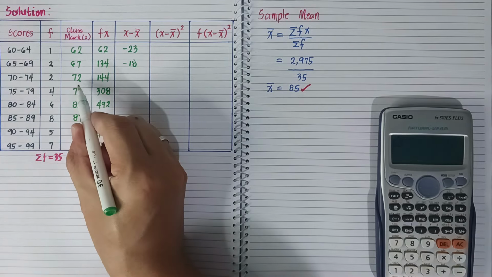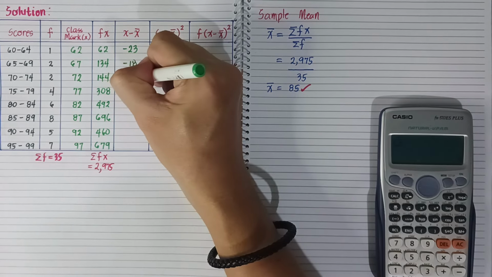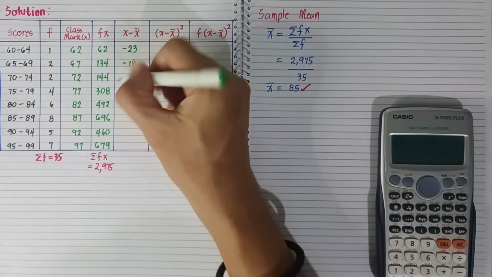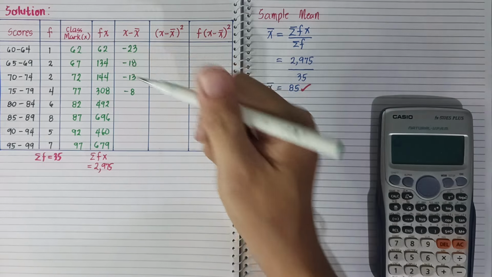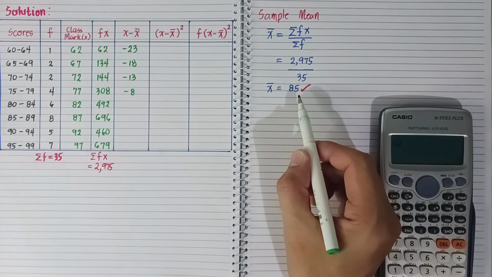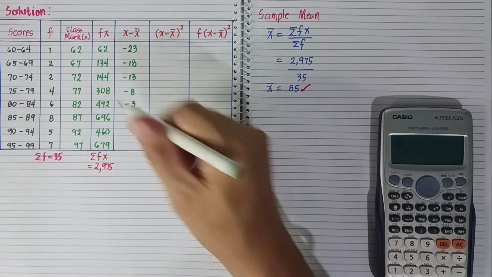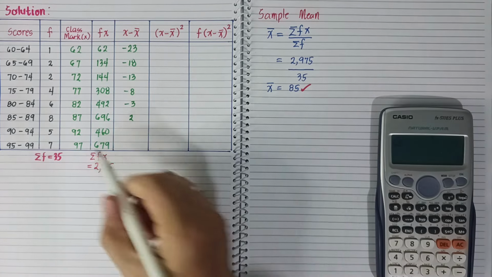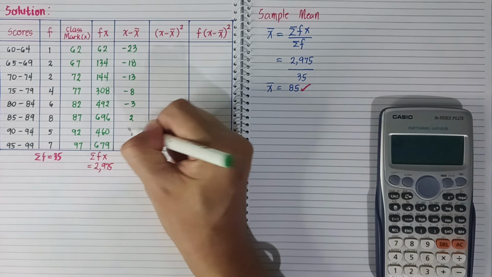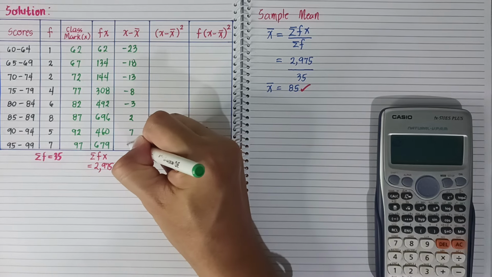And then 72 minus 85, that is negative 13. 77 minus 85, that is negative 8. 82 minus 85, negative 3. 87 minus 85, we have positive 2. 92 minus 85, we have 7. And then 97 minus 85, so we have 12.